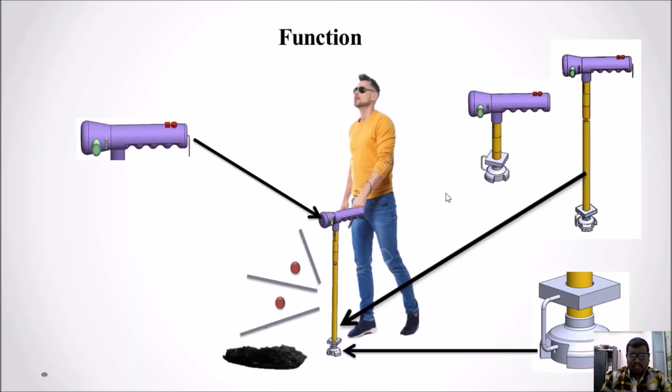Okay, this is the function. The main function of this product is that it gives a warning sign when a danger is approaching, and this blind stick is mainly designed for blind people. So whenever a pothole or danger approaches, the blind stick will automatically give sound, signal and vibration.